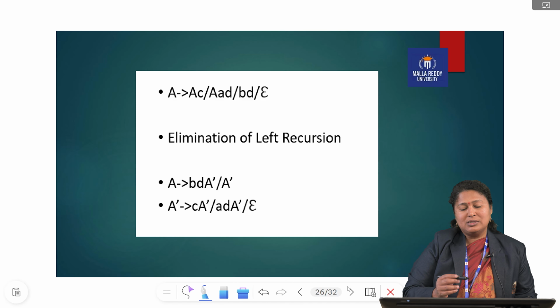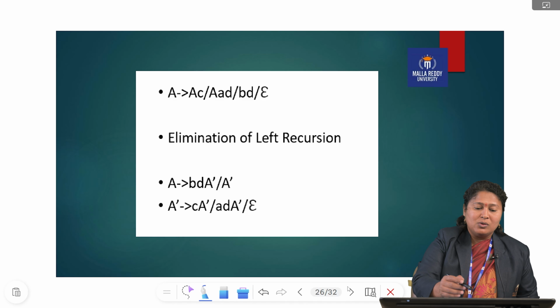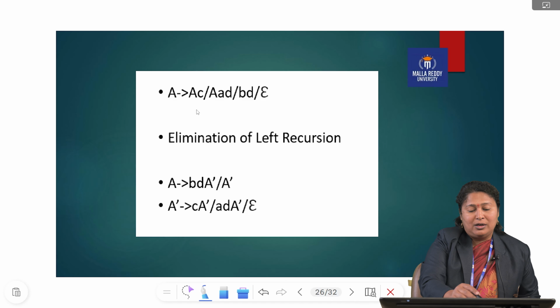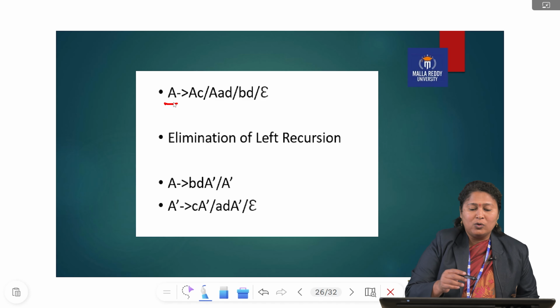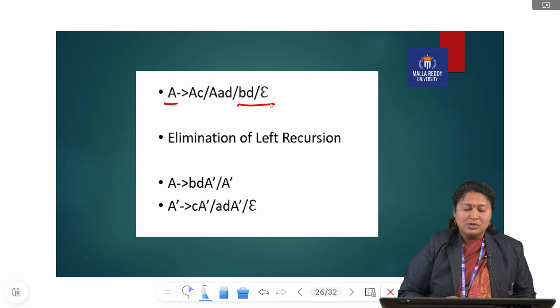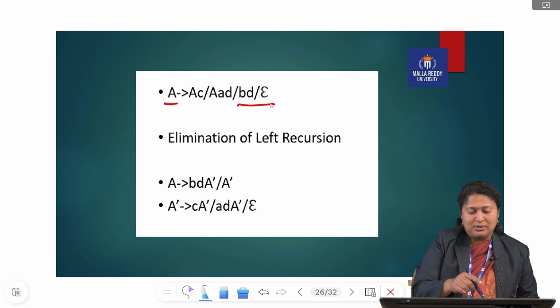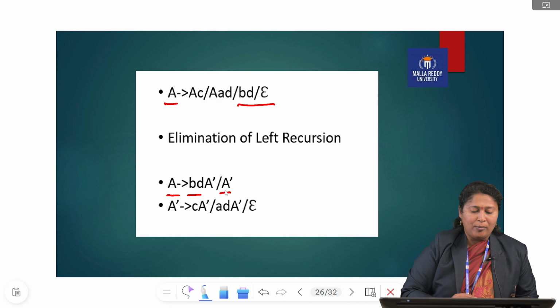This is an example of how we are eliminating the left recursion. Here the start symbol is A. What are the productions without A? B D and epsilon. Take those productions and add A complement after that string. So this is A tends to B D A complement, and for epsilon, nothing, so just A complement.